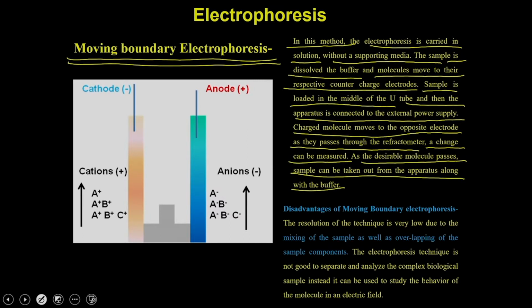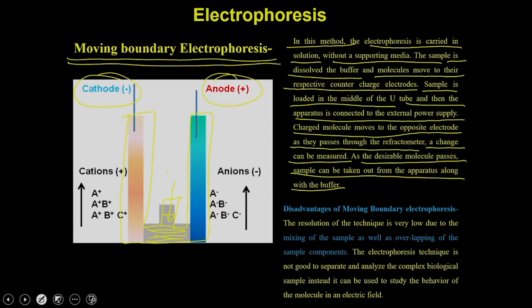So, in moving boundary electrophoresis, they made a U-shaped tube, and in this U tube they put the cathode on one side and the anode on the other side, and this is connected through a sample loading chamber. From this chamber you can load the samples, then the sample is filled into the middle tube, and they connect the cathode and anode to the external power supply.